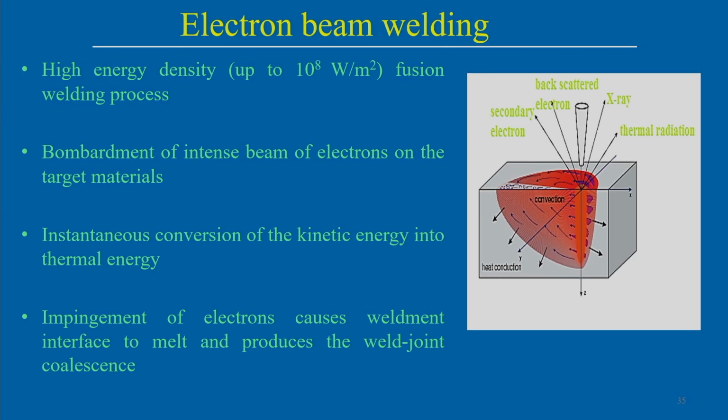Overall, the electron beam welding process is a very high energy density fusion welding process, and the power density can be as much as 10 to the power 8 watt per meter square in that range.